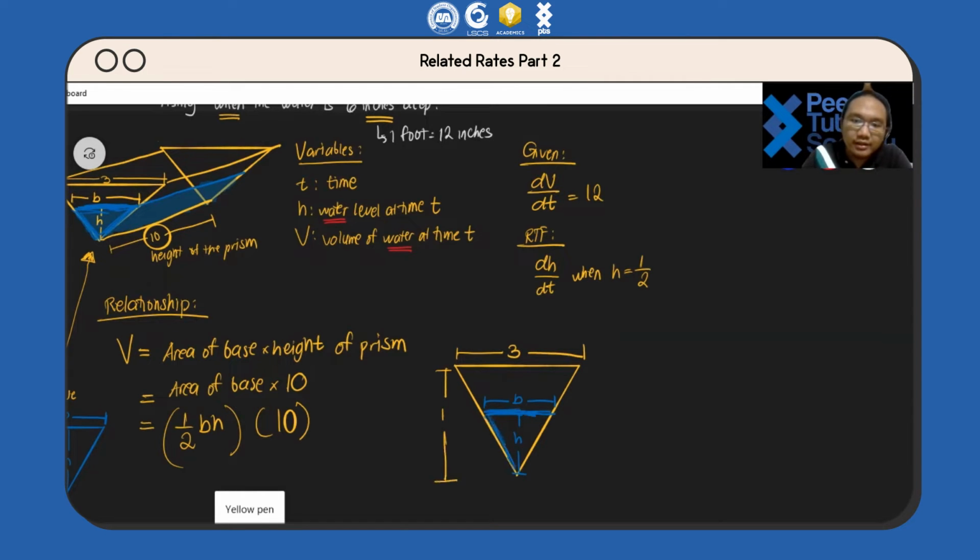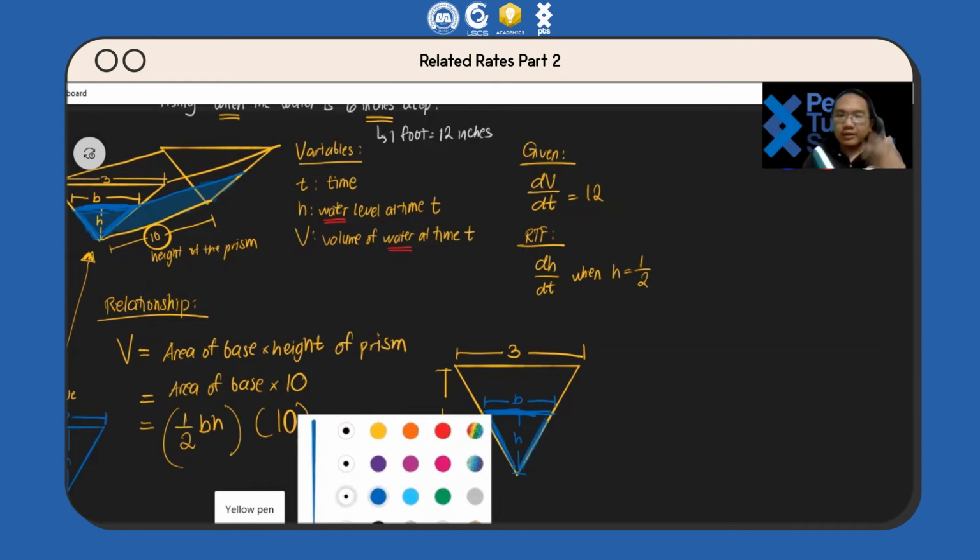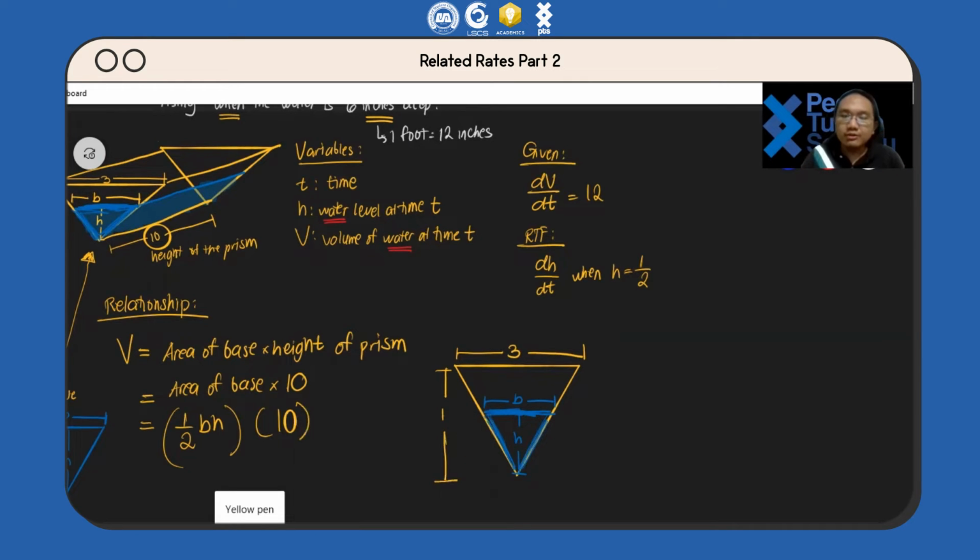Look at this triangle and look at the big triangle. The key concept that should click for this problem is the notion of similar triangles. The big yellow triangle is similar to the small blue triangle. So the yellow triangle is similar, using the symbol for similarity, to the blue triangle. That means the sides are in proportion.